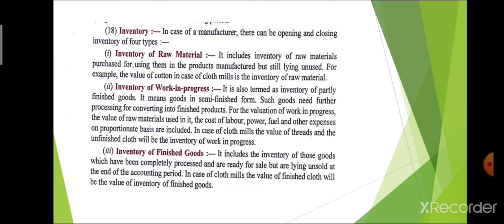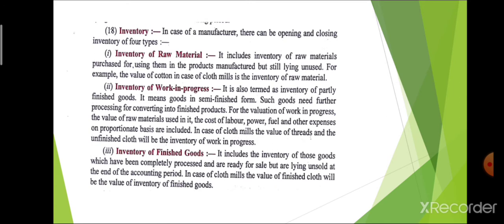So, first of all, inventory of raw material. If we want to manufacture furniture and we purchase wood and some tools for manufacturing the furniture, that is considered as inventory of raw material. After that, we start to manufacture the furniture and we make a chair.